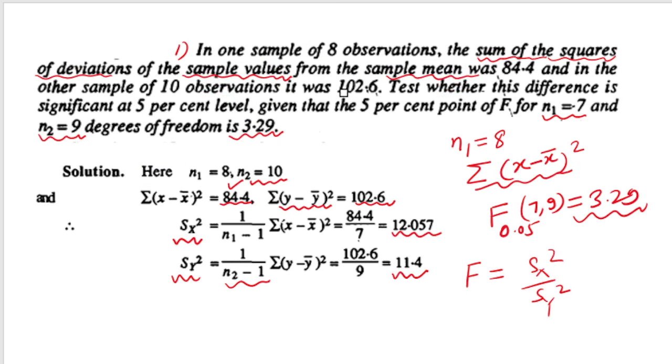It means we can conclude that the difference is not significant at 5% level. We can conclude that this sample of 8 observations and this sample of 10 observations have both been taken from a population with the same variance. We cannot say that the variance we are observing is different. I hope it is clear.